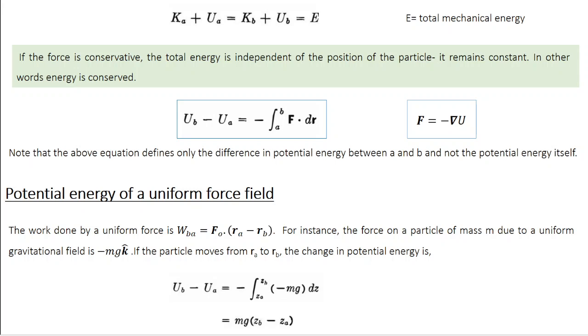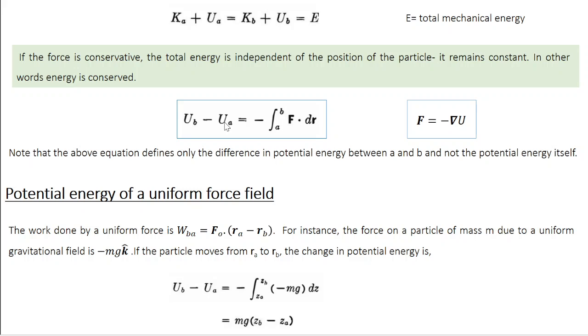Because many a time in physics, the change in potential energy is more important than the actual potential energy. For example, if you want to find out the current flow between 2 points, the current flow depends on the change in electrical potential between those 2 points.